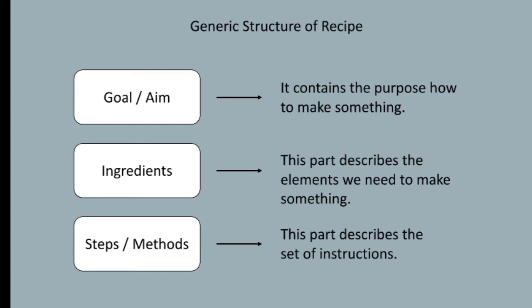This is the purpose of the generic structure of a recipe. And the first one is the goal or aim. It contains the purpose of how to make something, and the second is ingredients. This part describes the elements we need to make something. And the last one we have the steps or methods. This part describes the set of instructions.